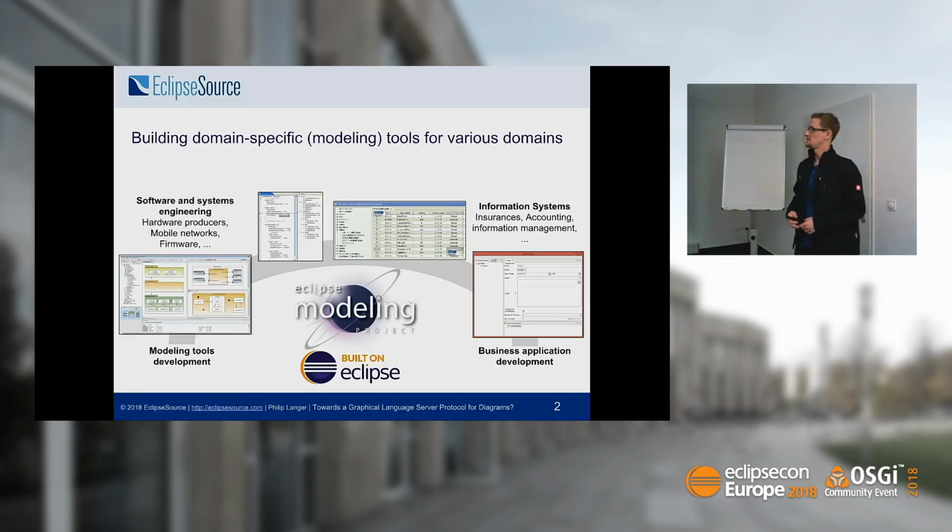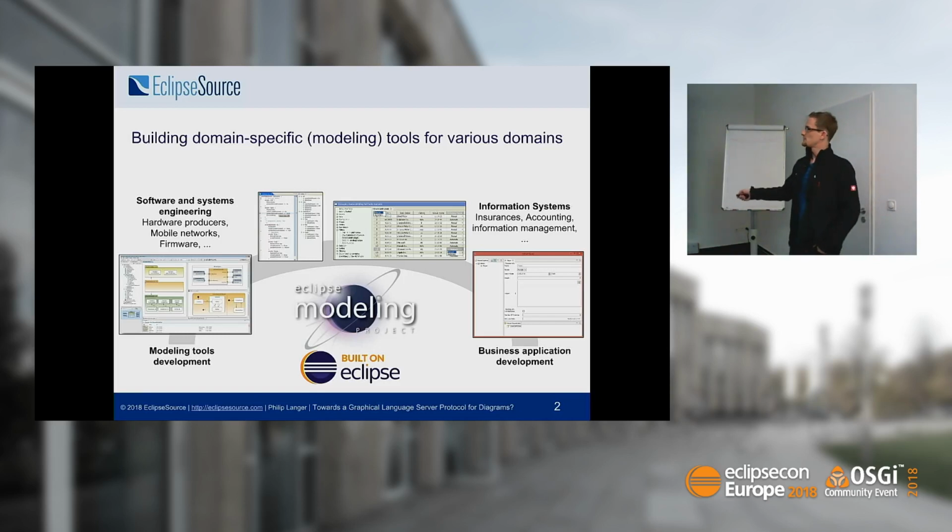This is actually amazing and a key factor for success, because this allows us to take all of these different ways of interacting with a model and combine them arbitrarily, provide each domain expert the preferred way of interacting with a model, and integrate that into a whole workflow so that everyone can work in their preferred way on their parts of the overall system model. So that's really a huge deal.